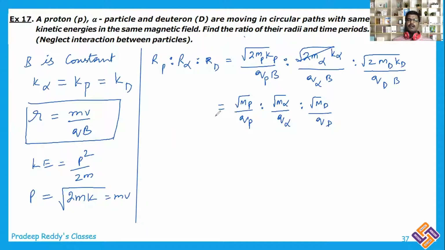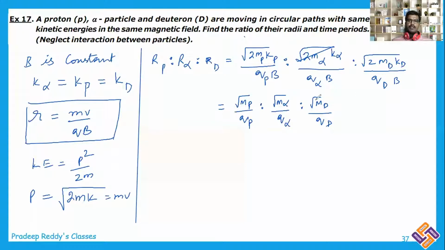We know that the mass of the proton is 1 time, mass of alpha particle is 4 times that of proton, mass of the deuteron is also 4 times that of proton, and charge of the proton is q, and charge of alpha particle is twice, and of course charge of the deuteron is also twice that of proton.